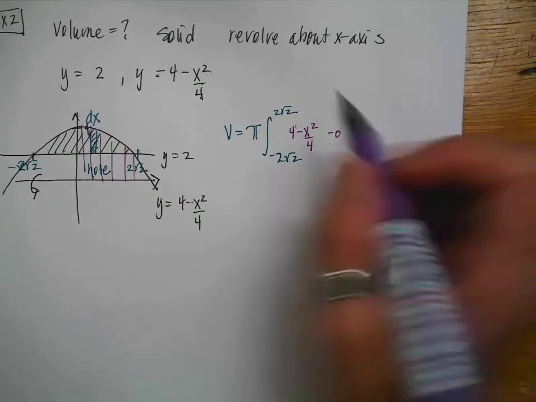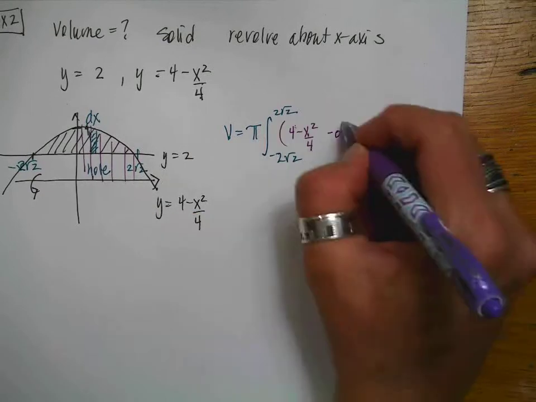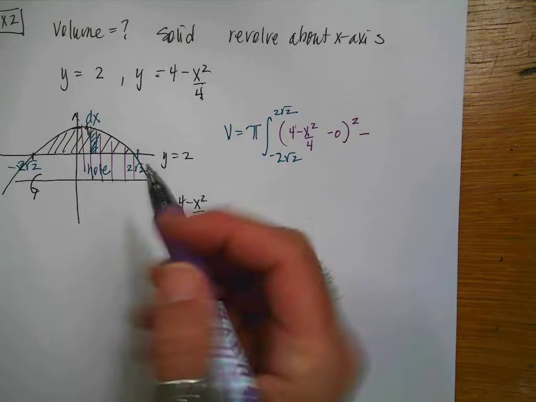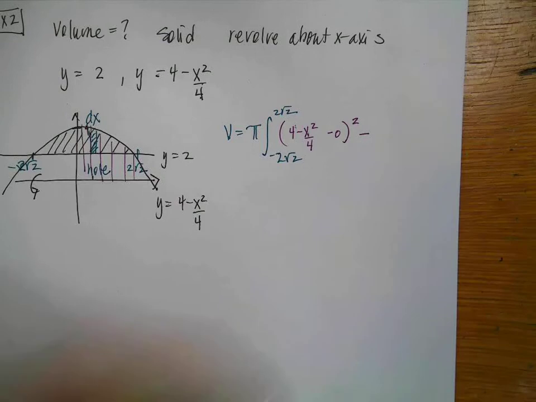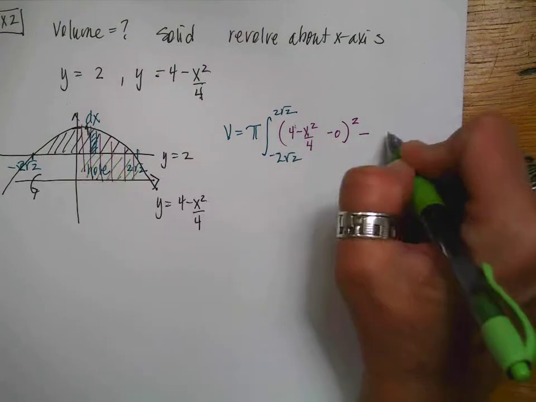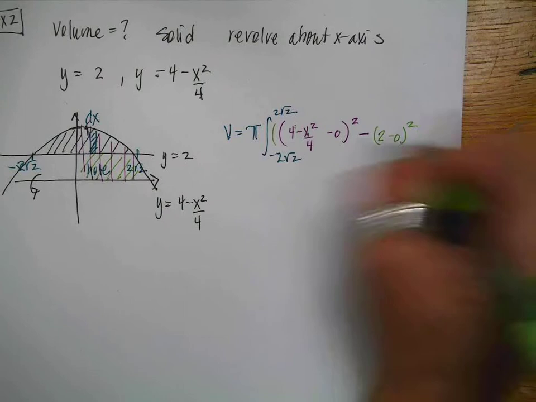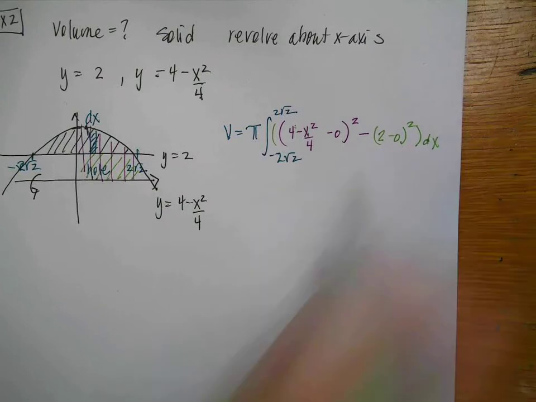And this is important. I know it seems redundant, but I'm showing that I'm setting up the whole quantity squared, minus, and then in a different color the hole, which is going to be 2 minus 0 quantity squared dx.